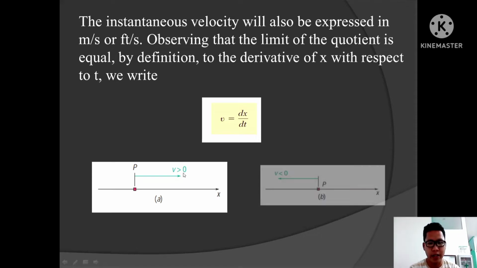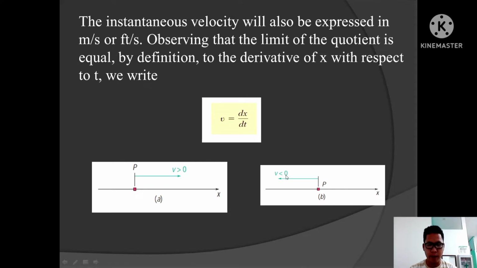Then the next one is this figure where our particle moves in the negative direction, or x decreases, where v is less than 0.